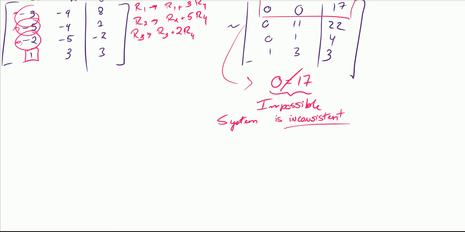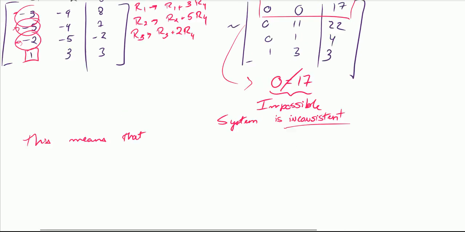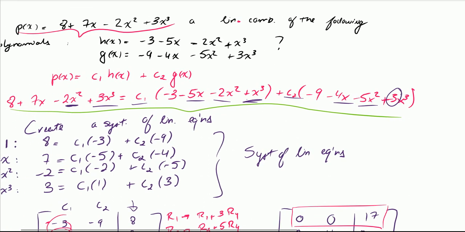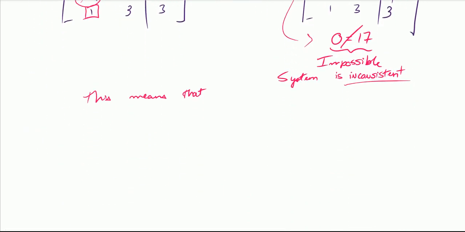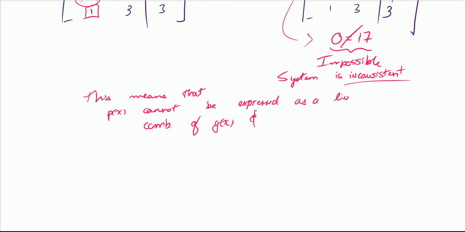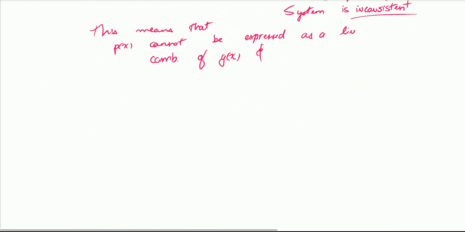So since my system is inconsistent, this means that my polynomial, remember I called it p of x, cannot be expressed as a linear combination of g of x and h of x.